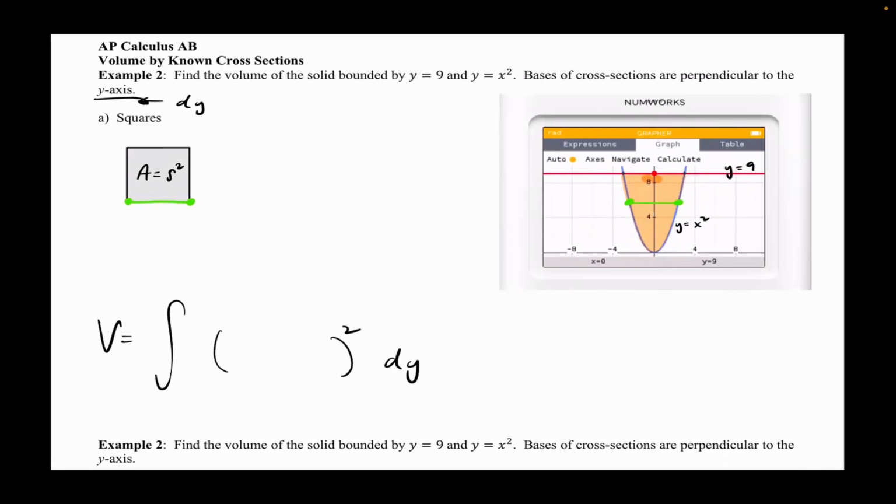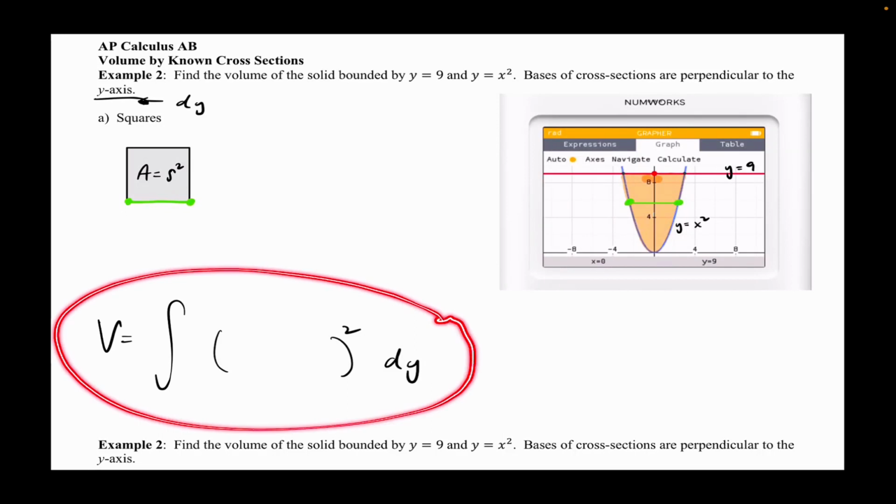Well, the first part that I need to change is that this is dy, right? So anything I put into my equation here can't have an x, it has to have y's only. So I have to solve for x, okay?